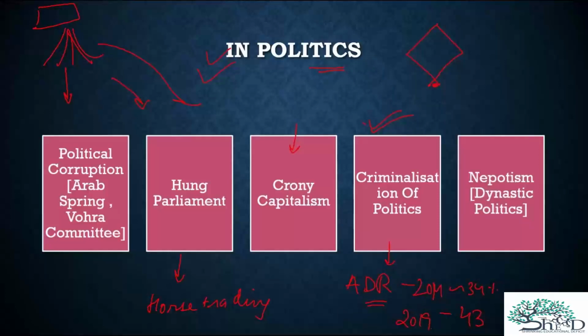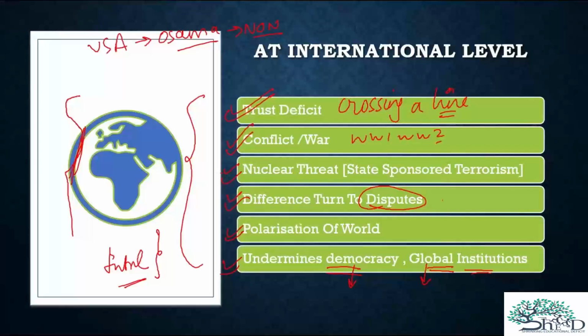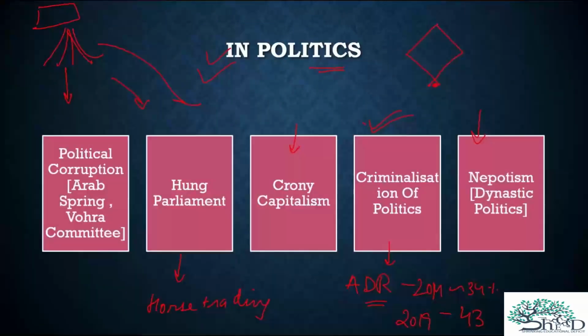Also, if ethics are not followed, what will it lead to? Less intra-party democracy. Like we just saw, if ethics is not followed, it undermines democracy in the international arena. Similarly, if dynasty is followed in the party, it leads to loss of intra-party democracy.